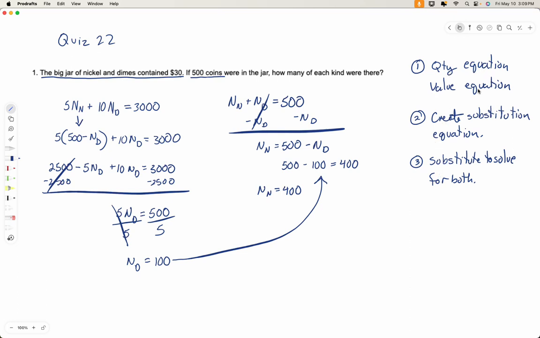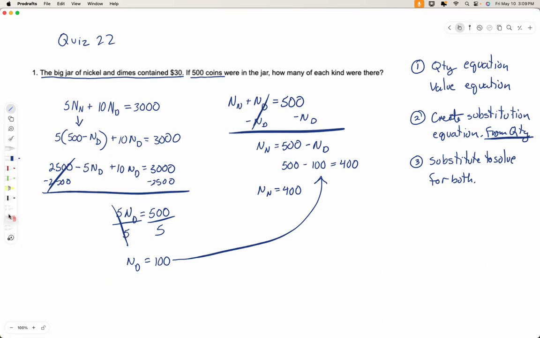So quantity equation, value equation, then you create a substitution equation from the quantity statement. Okay, you're always going to use that quantity statement to create your substitution value. So I should underline that. Then you're going to use that quantity substitution to solve by putting it into the value.